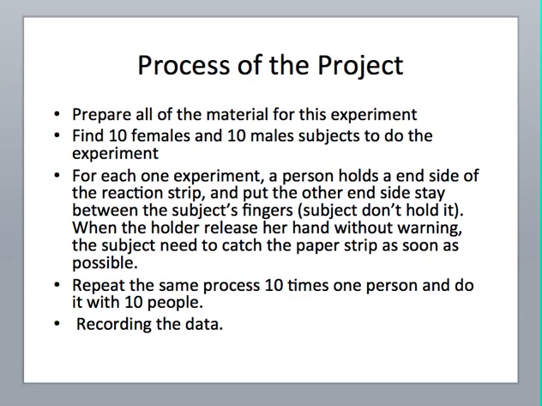When the holder releases her hand without warning, the subject needs to catch the paper strip as soon as possible. Then I repeat the same process 10 times with one person and do it with 20 different persons, 10 males and 10 females, and I record the data.